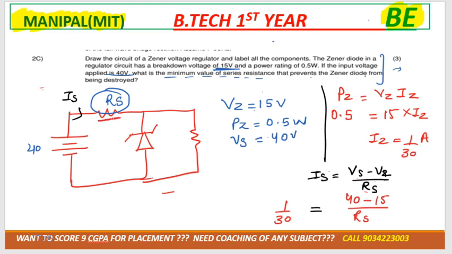Reason, they are asking the minimum value of resistance, right? They have given one condition, the minimum. Okay, if this is the minimum value of resistance, then current here would be maximum, right?